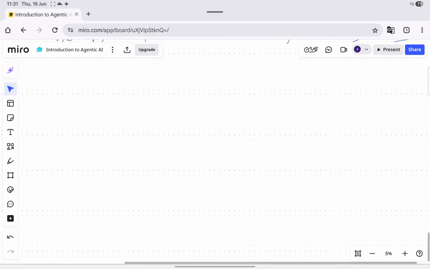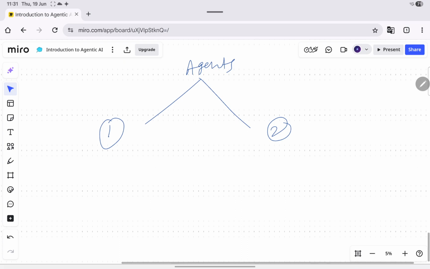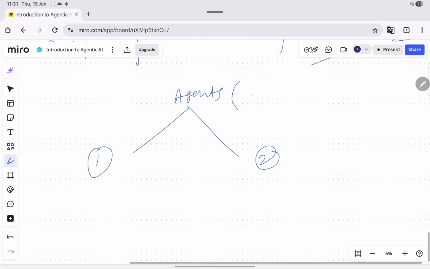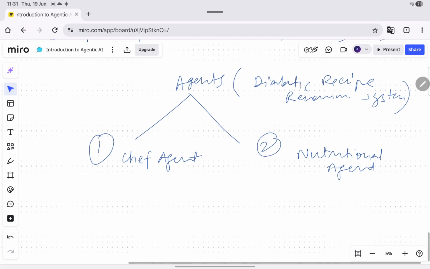Let's take one more example. Suppose we have two agents. We are taking the example of a diabetic recipe recommendation system. Suppose we have two agents, one is the chef agent and the other is the nutrition agent.